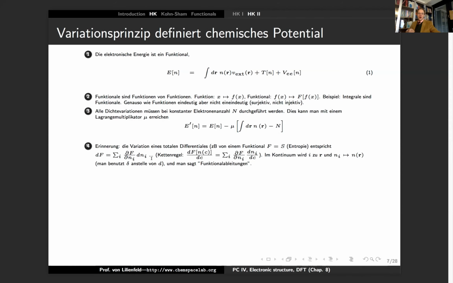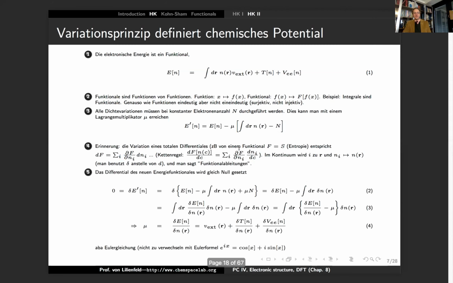And we want to do this here, only that instead of a sum, we now integrate over the 3D space. We have a continuous variation in space, and so we use the integral. So a derivative of a functional must be an integral over something like this chain rule. And for this, we also use this delta, like the Kronecker delta. This is a notation.